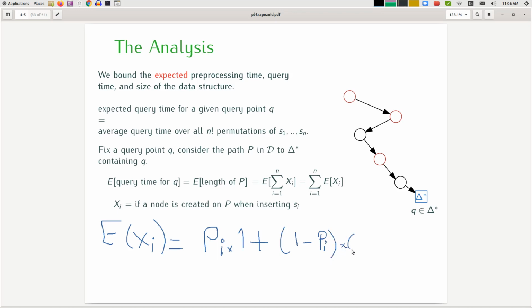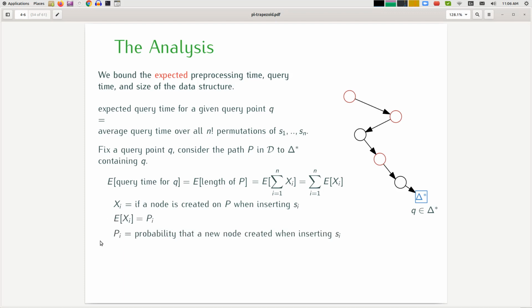Obviously this part cancels out, so we are only left with the probability that xi is 1. So for a 0, 1 random variable, the expected value is essentially the probability that it is 1. Okay, so we have that, and then we just need to argue about the probability that the ith segment creates a new node on this path.